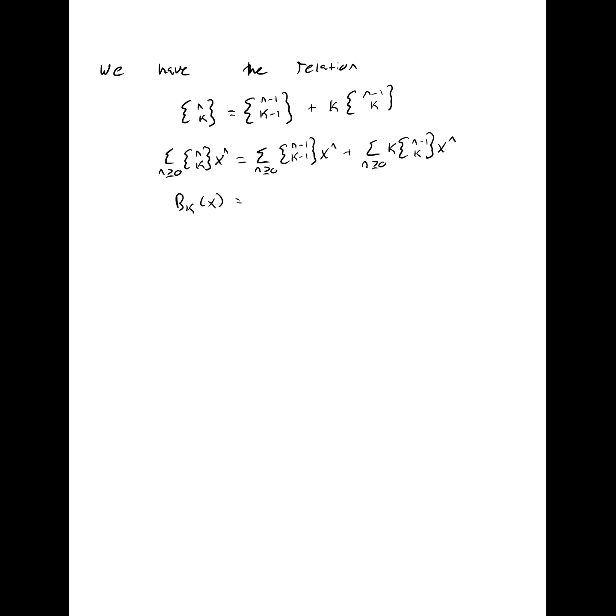We have an n minus 1 and an x to the n. So to make them match, we're going to have to pull out an x. So if I pulled out an x, factored one out, then this would look identically like b_(k-1) of x.